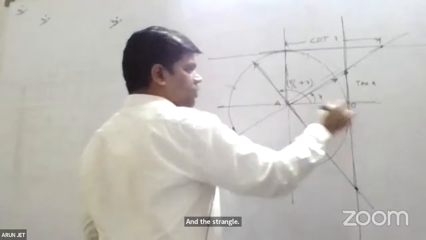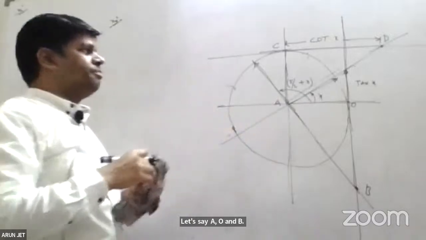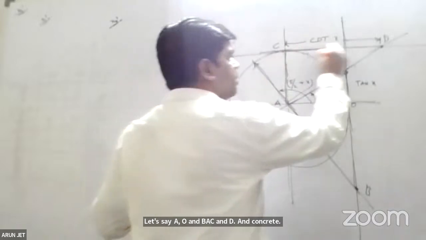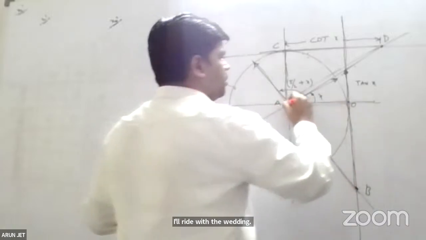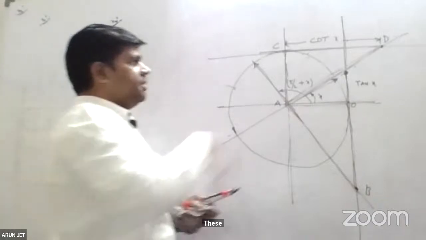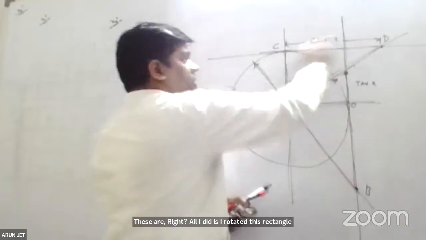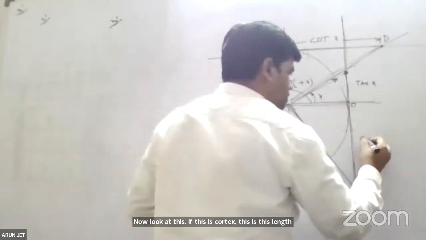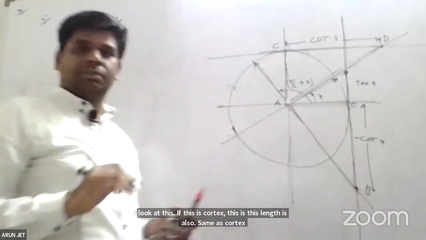Let's say A, O, B and A, C, D are congruent. I'll draw it with the red ink. These two triangles are congruent, right? All I did is rotate this triangle by pi by 2 and I got this triangle. Now look at this. If this is cot x, this length is also the same as cot x, but because it's on the negative side, it is negative cot x.